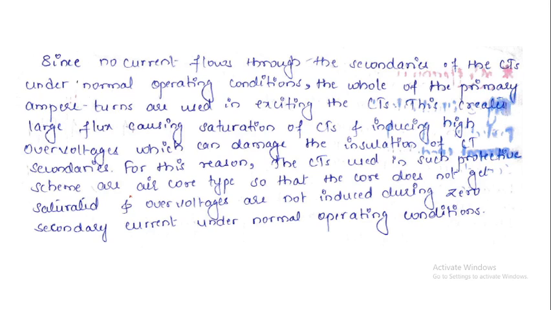So in order to avoid this condition, air core type CTs are used, which prevent the saturation of the CTs as well as over voltages. So under normal operating conditions, such air core type CTs are used.